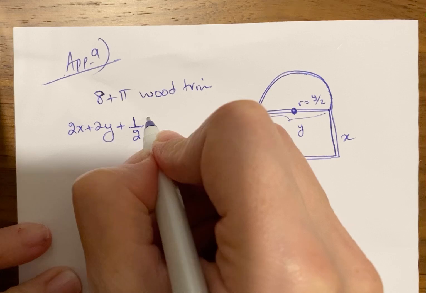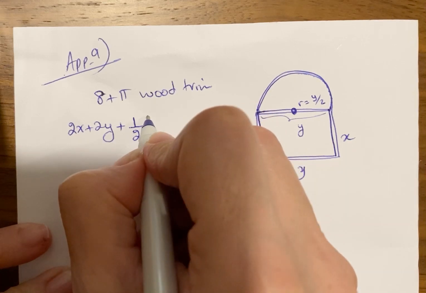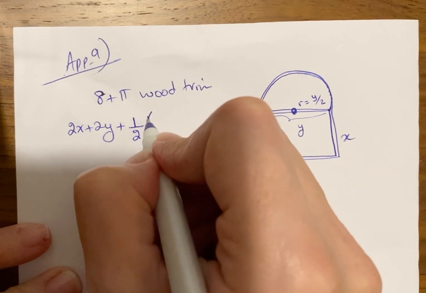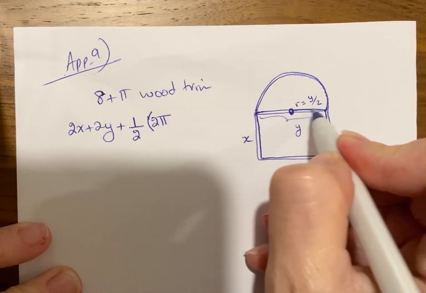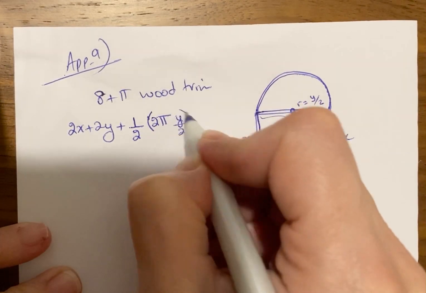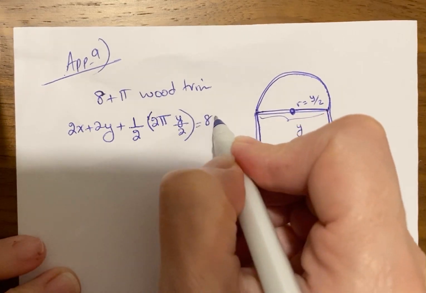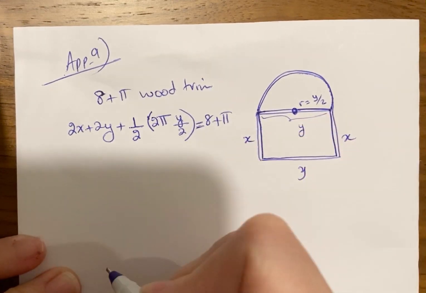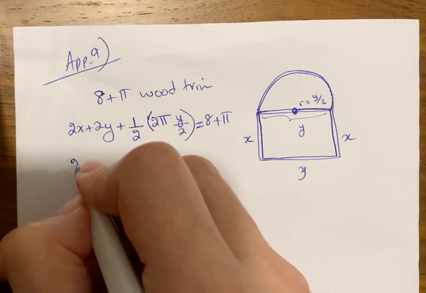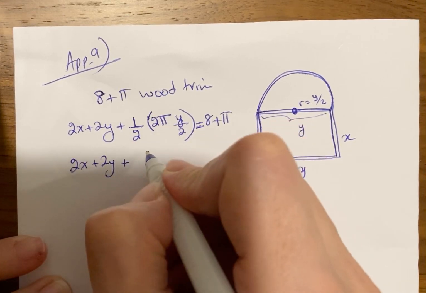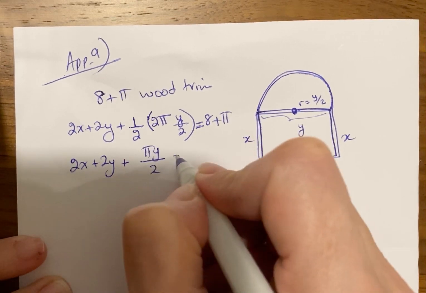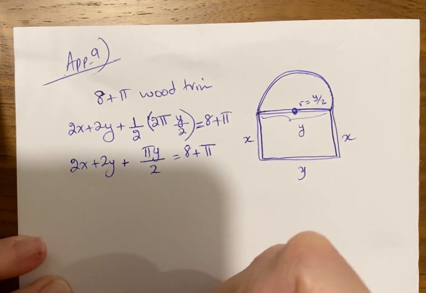And what is the circumference of the circle? Usually 2 pi r. And what is r in the problem that we have over here? y over 2. This is equal to 8 plus pi. So 2x plus 2y plus pi y over 2 is equal to 8 plus pi.